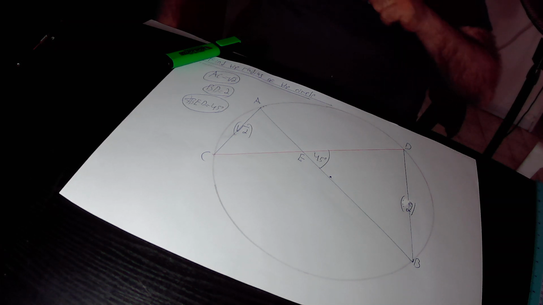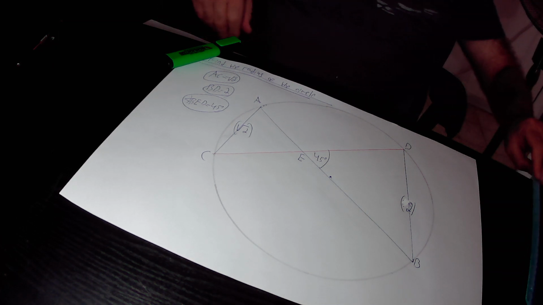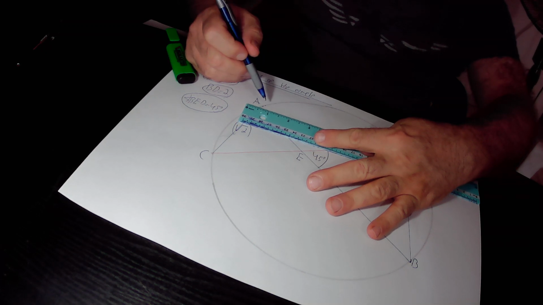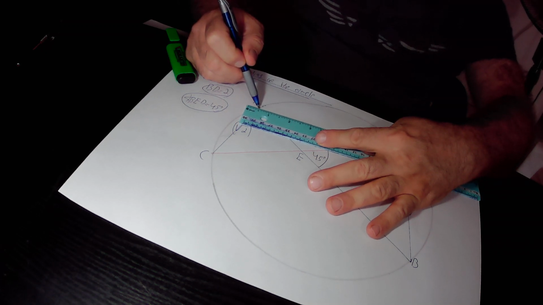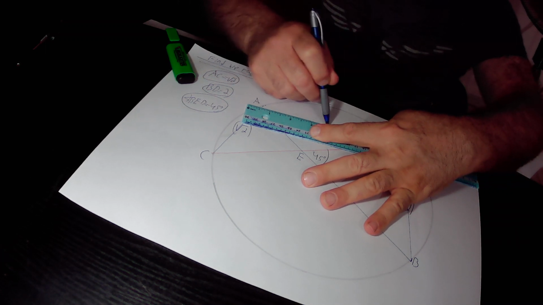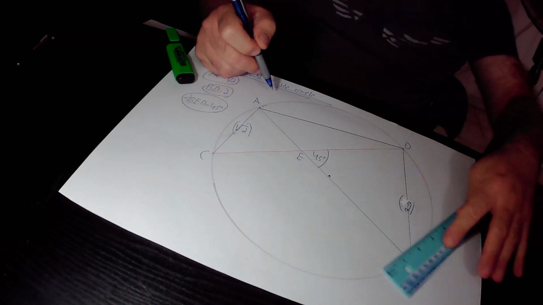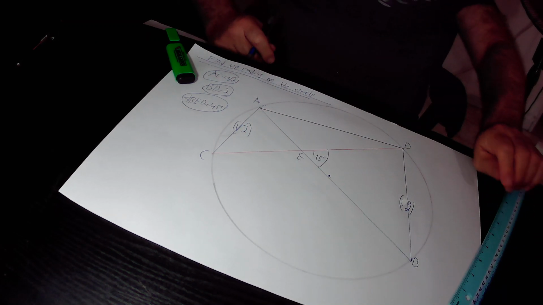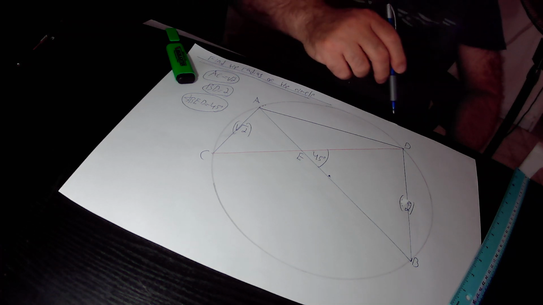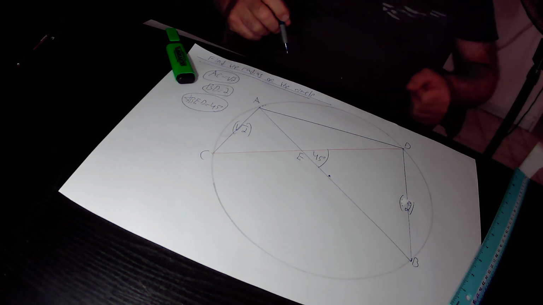So first of all, we will join points A and D together by a straight line. By joining points A and D, we create here peripheral angle ADC.